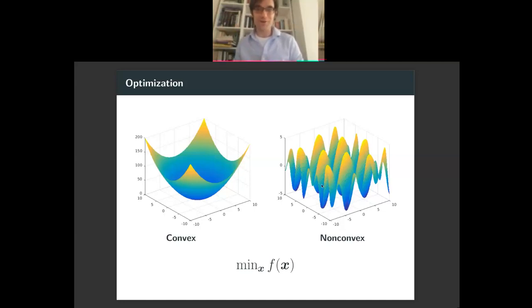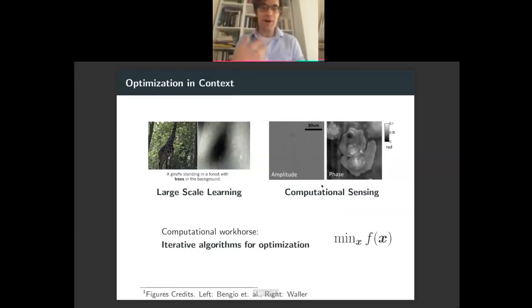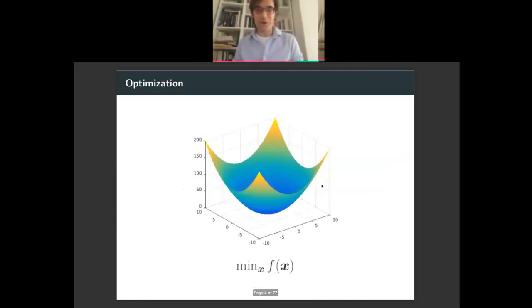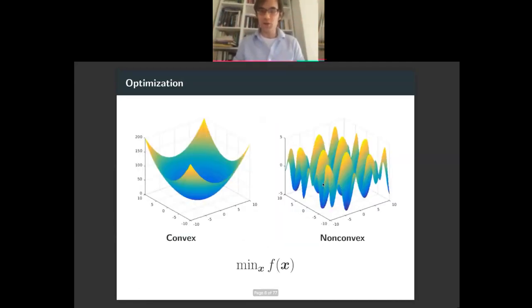So that's the first problem. Second problem is that many of the optimization problems that we would really like to solve, problems showing up in signal processing, data science, naturally pose as non-convex problems. So unfortunately, for better or worse, usually we're over on the right-hand side here.